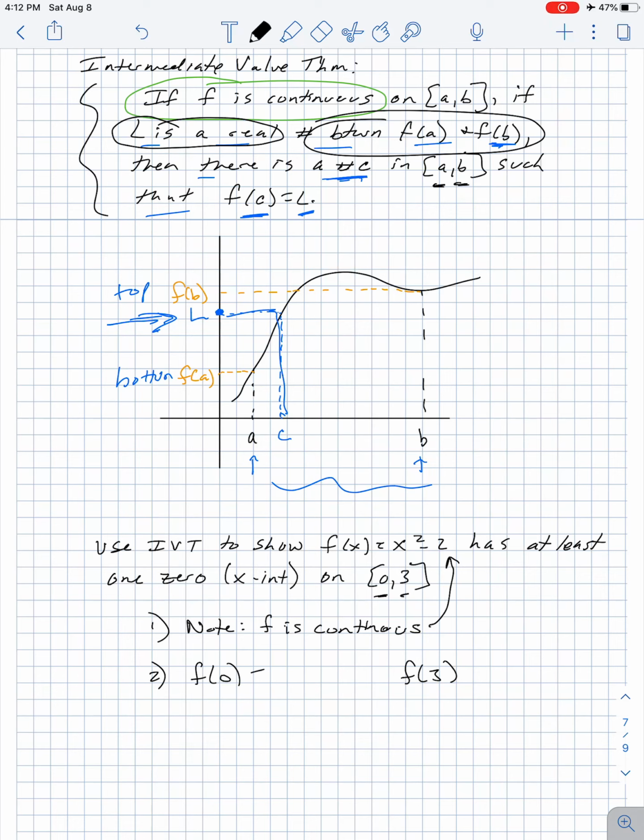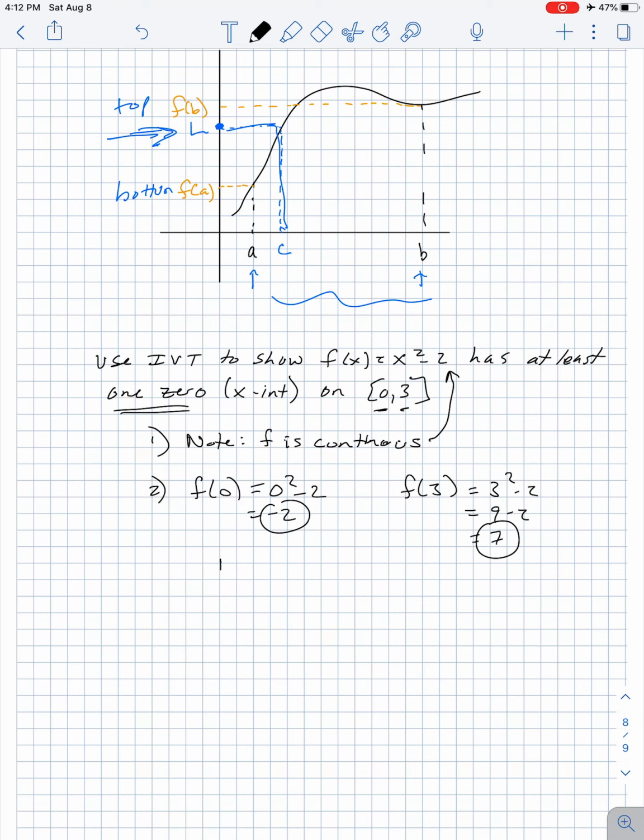Okay, so I'm going to plug in those values. f of 0 is -2. And f of 3 is 7.